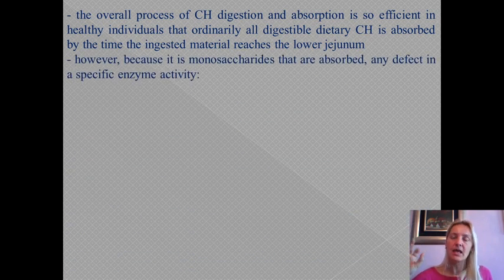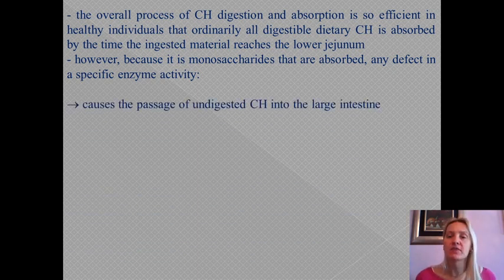However, because it's all about the monosaccharides that can be absorbed from our intestinal lumen, any defect in a specific enzyme activity may cause different problems. So, if we have a defect or a deficiency of any of those mentioned enzymes, that causes the passage of undigested carbs into the large intestine.